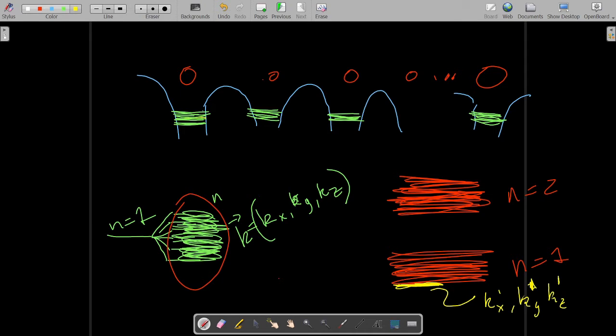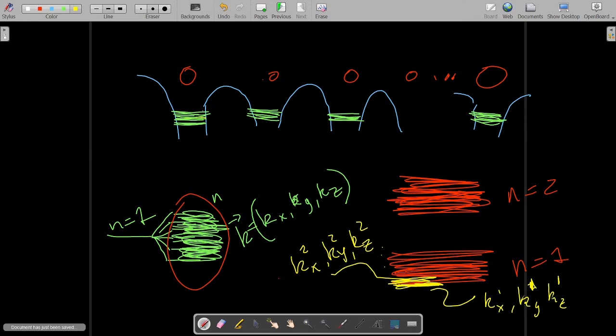And let's say another level somewhere around here, a second level around there, will have kx2, ky2, kz2, and so on and so forth.